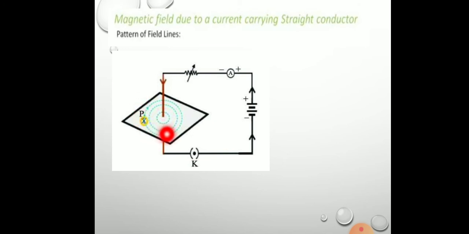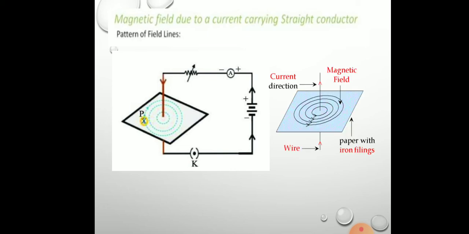The iron filings get arranged in circles up to a larger distance from the wire, because when the current is increased, it produces a stronger magnetic field, showing that the strength has increased. Okay, so it is effective up to a large distance. These were the observations made by doing this experiment.